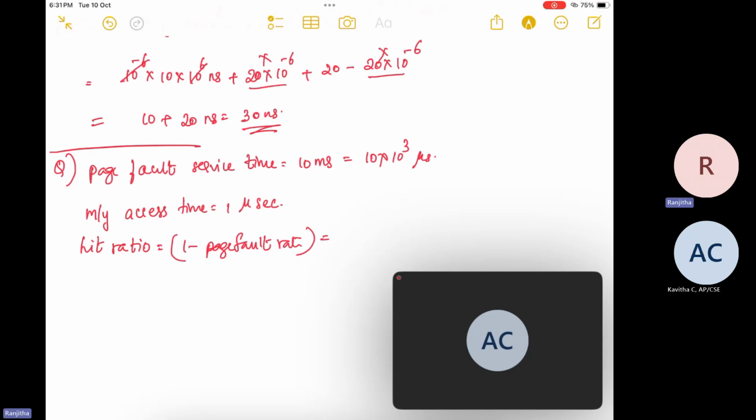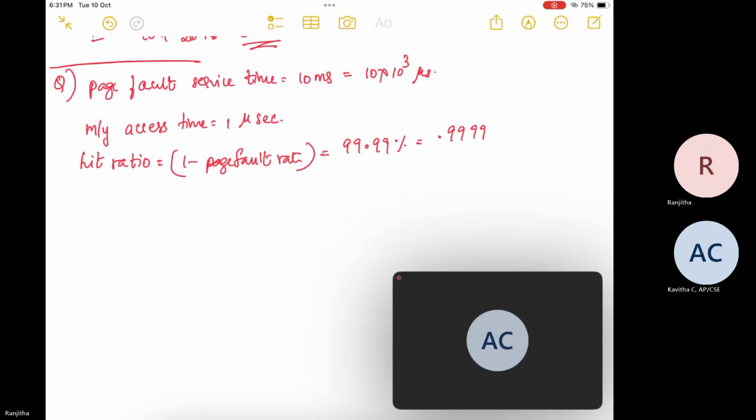That is given as 99.99%, which is 0.9999. Now, page fault rate, PF rate, is 0.0001.